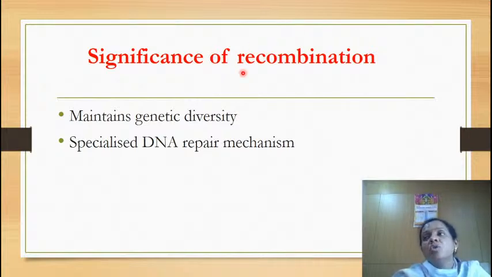I told you in case of double strand repairs, in the previous 3 repair mechanisms, there was a template because of the 2 strands, only 1 strand was damaged. So there is another strand, the parent strand, the 1 strand that was not damaged, that can be used as a template so that the daughter strand can be repaired.